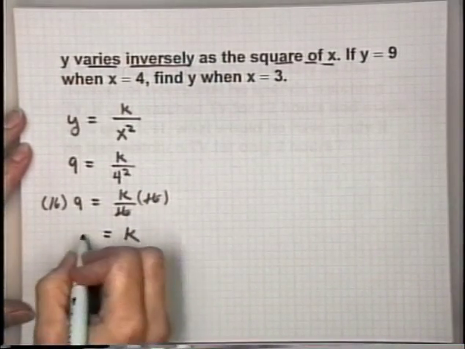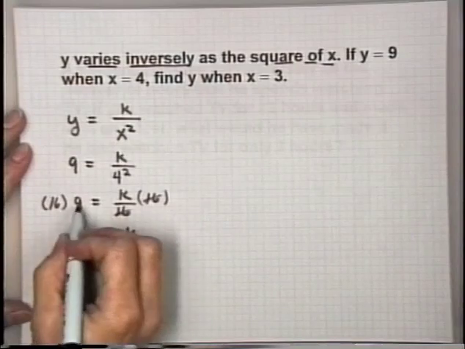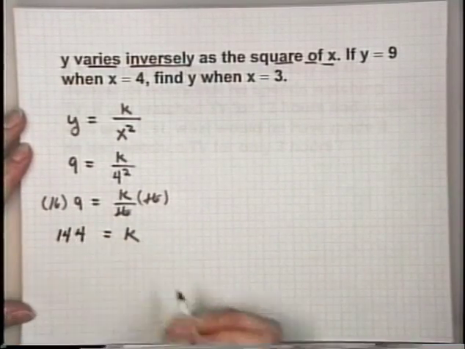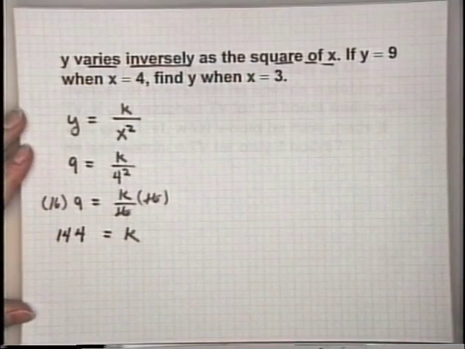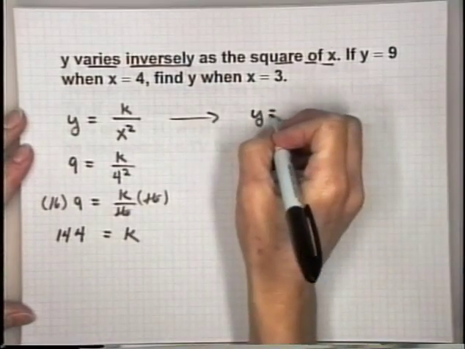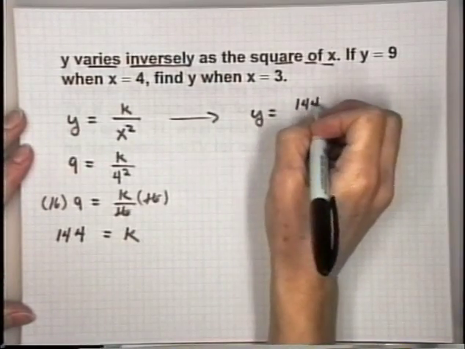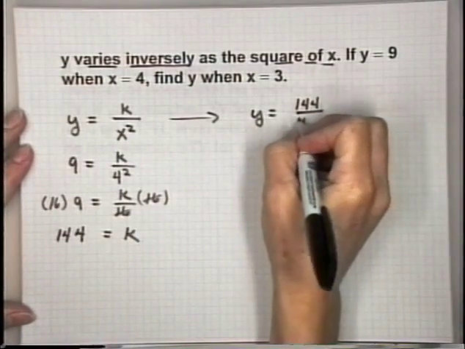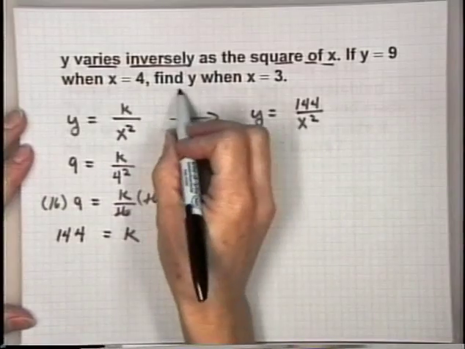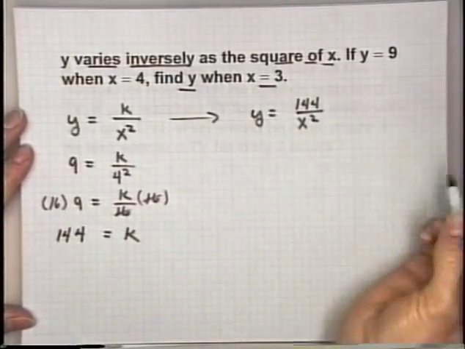Well, 9 times 6 is 54. 9 times 1 is 9, plus 5 is 14. So our k is 144. That allows me to rewrite my equation now as y equals 144 over x squared.